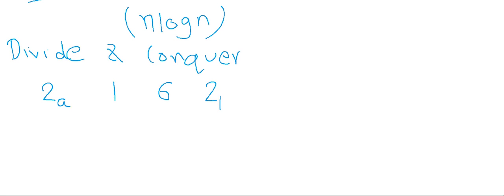Then you have 2b, and then you have 3, and then you have 9. So we have duplicates here. We have 2 here and we have 2 here. But when we sort this array, the order of this 2a and 2b will be maintained. That means the 2a should come before 2b.